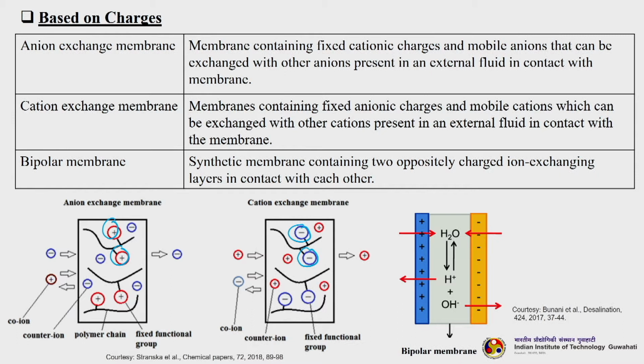Cation exchange membrane is one in which cations will exchange with the help of fixed anions imparted inside the membrane. Then we can have a bipolar membrane also. It is a synthetic membrane containing 2 oppositely charged ion exchange layers in contact with each other. So, we can have a cationic layer and an anionic layer fused together, that will do the separation for some specific purposes.